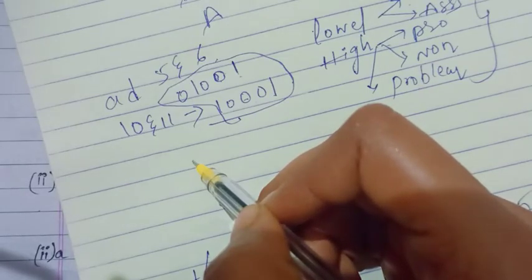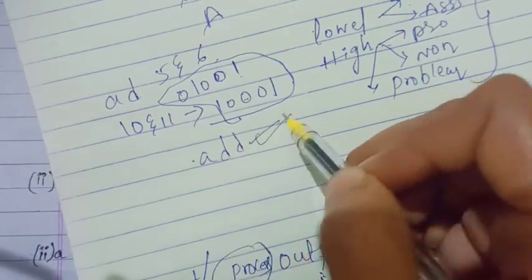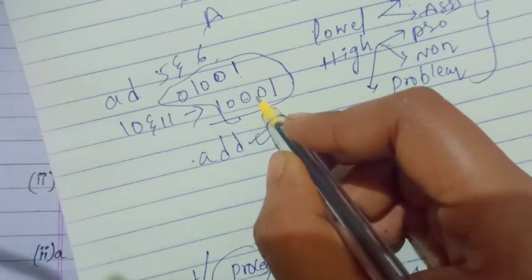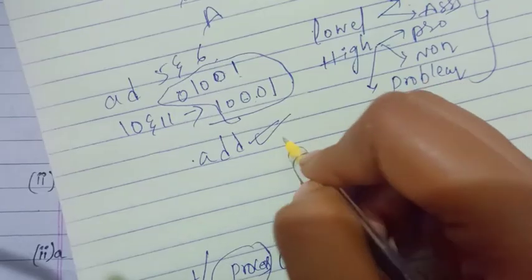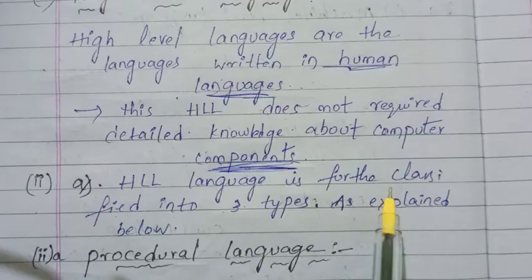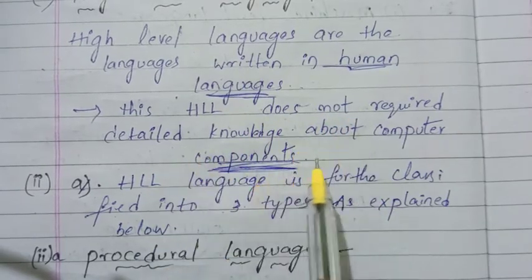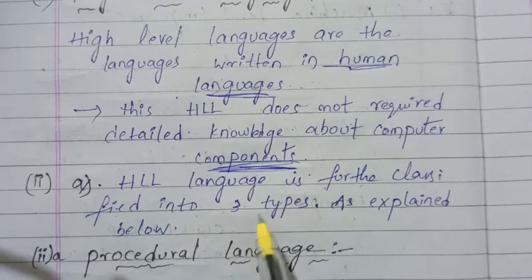But in high level language, the instructions are written in normal language, like add. The instructions are provided in human languages, so that there are no such complications in writing high level language instructions. So high level language does not require detailed knowledge about computer components.